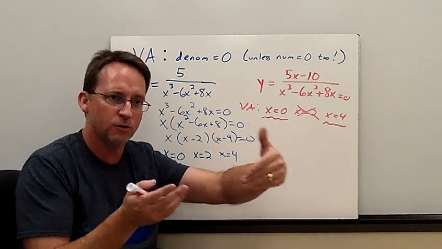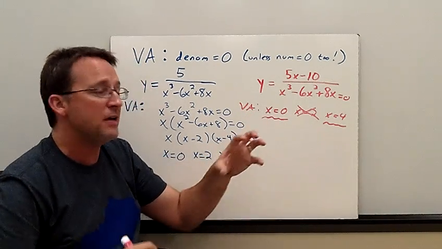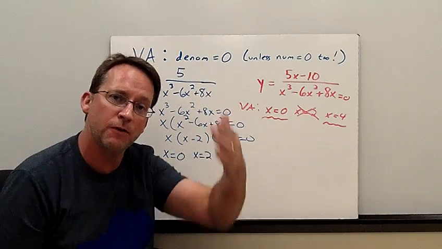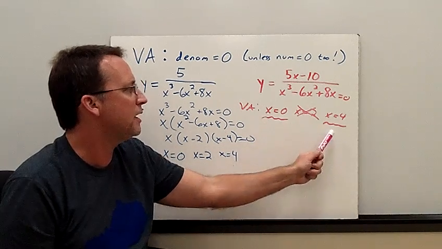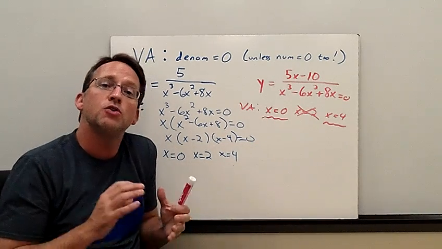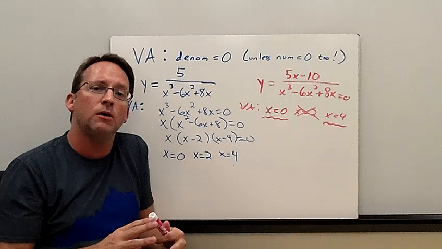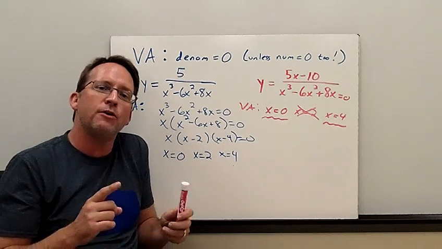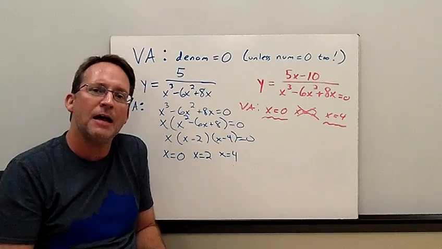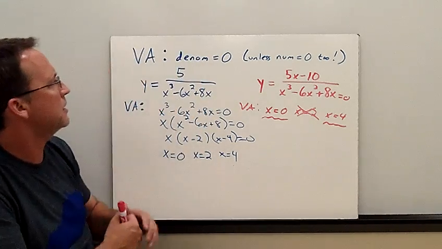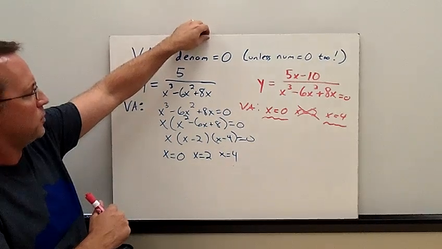It'll say error in the table. There isn't a value there, but notice there's not a vertical asymptote either. There's a hole in the graph there. So this would only have 2 different vertical asymptotes. So always look for your denominator to be 0, but take a look at your numerator, and if your numerator equals 0 at the same place, that won't be a vertical asymptote. All right, so that's vertical asymptotes.